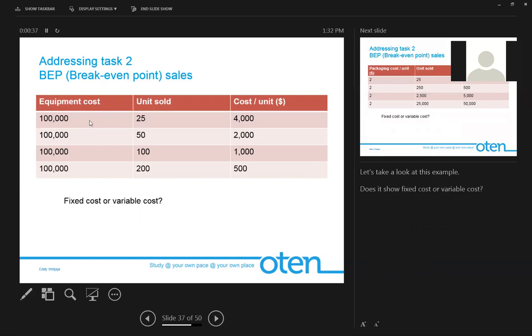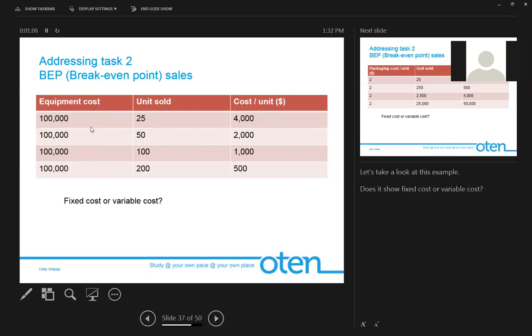It doesn't change regardless of the volume that we sell or produce. If we sell 1 unit, we still have to pay $100,000. If we sell 25 units, then the cost per unit will be $4,000 per unit. And if we increase our sales, let's say from 25 to 50 units, then the cost per unit will go down.